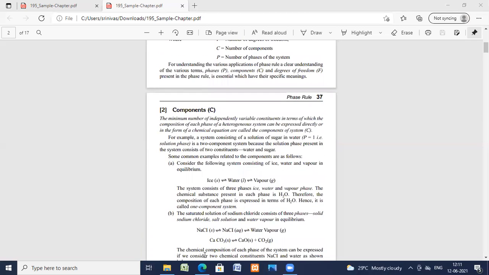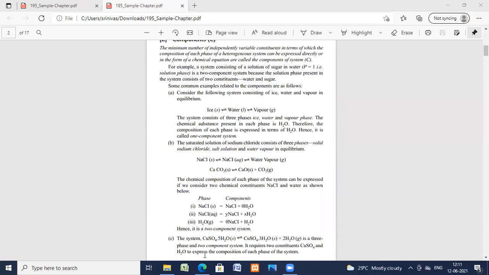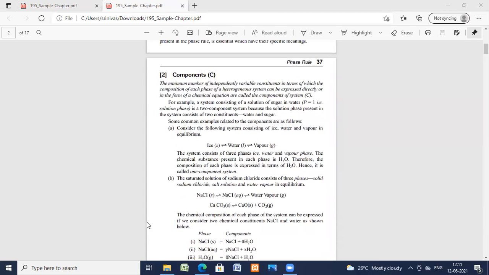Now, what is a component? The minimum number of independently variable constituents in terms of which the composition of each phase of a heterogeneous system can be expressed directly or in the form of a chemical equation are called the components of the system.